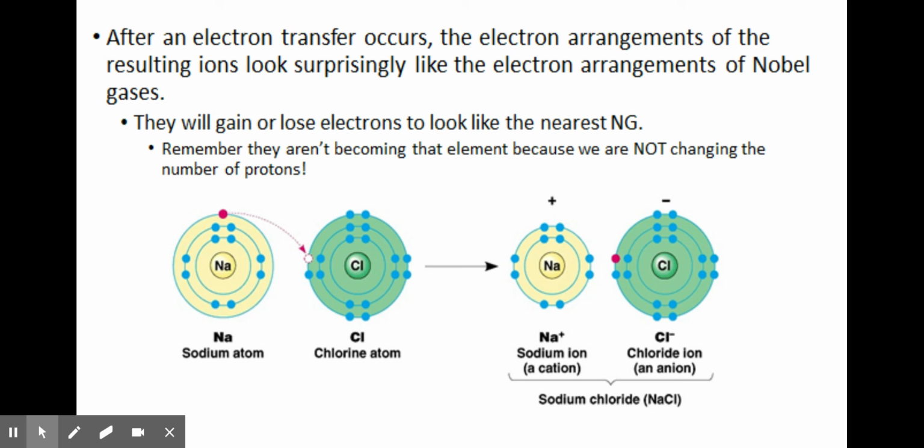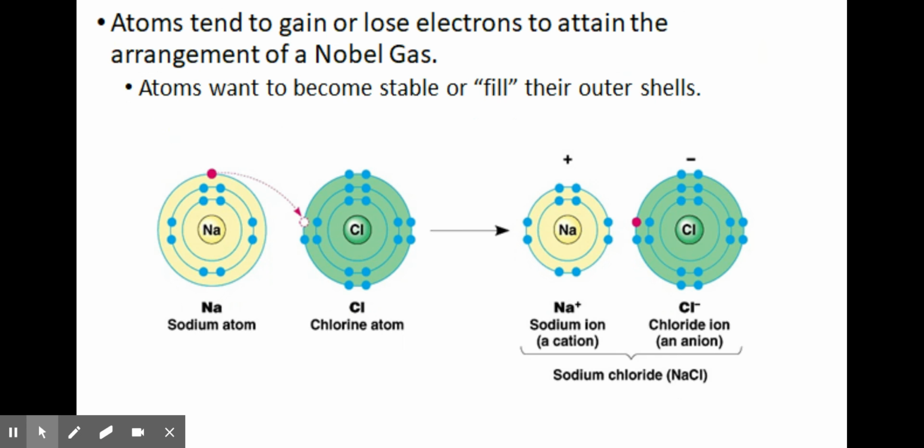That sodium will then look like an atom of neon, okay, because we have those 10 total electrons like neon has with an outer shell that is full. Chlorine is going to gain an electron. So what is closer to chlorine in terms of a noble gas? You're going to have argon. So chlorine is going to resemble argon here. They're not becoming those noble gases. They're just going to look like them.